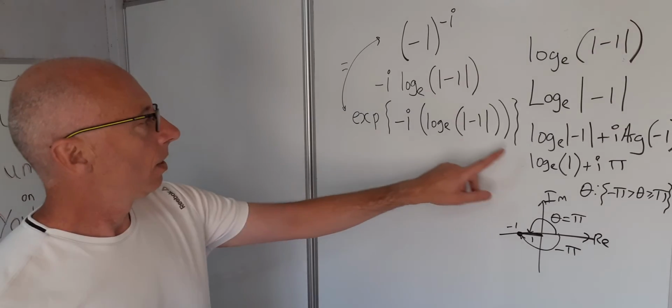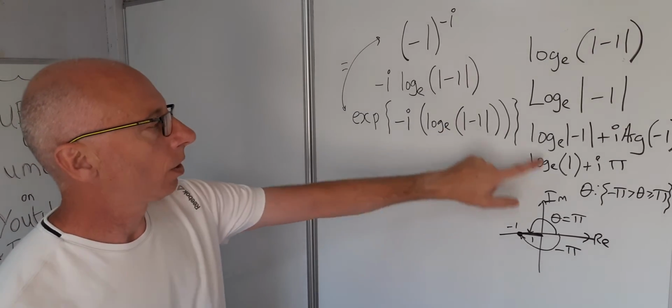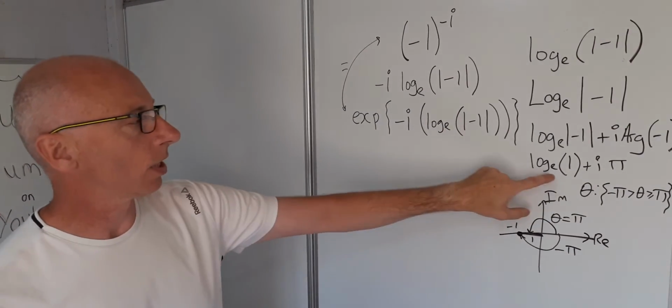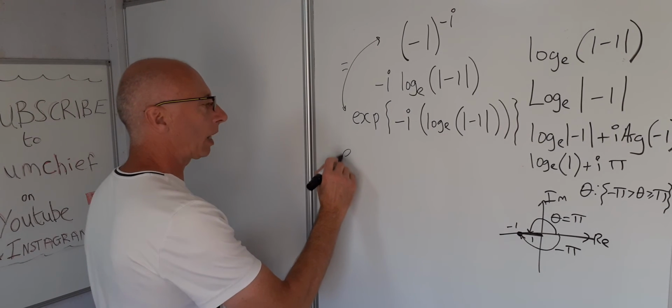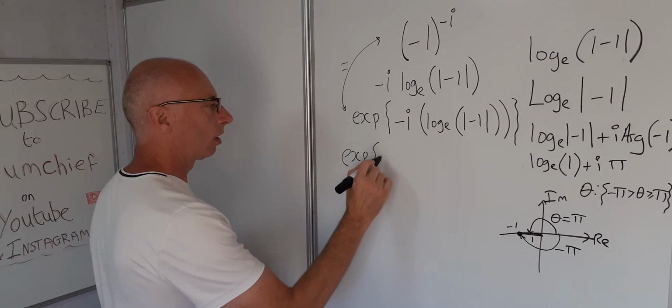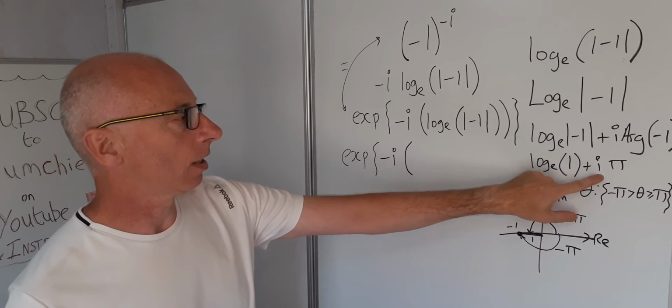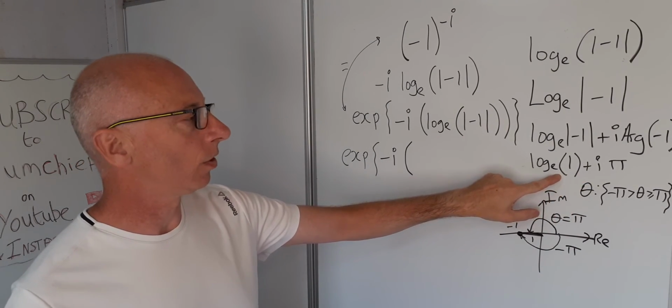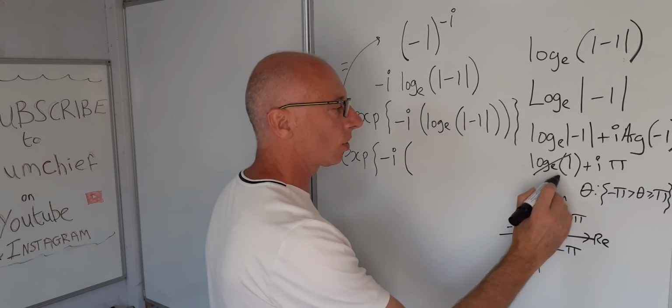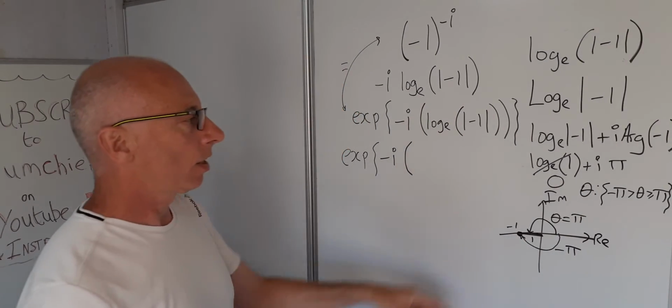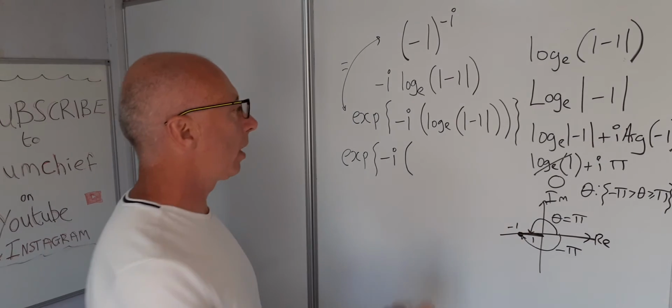Now we can just plug those values in here. So back to here, exponential minus i, and now we can plug in the values. Well, the natural log of 1, we know that this is just 0. So basically we can now write 0 plus i pi.